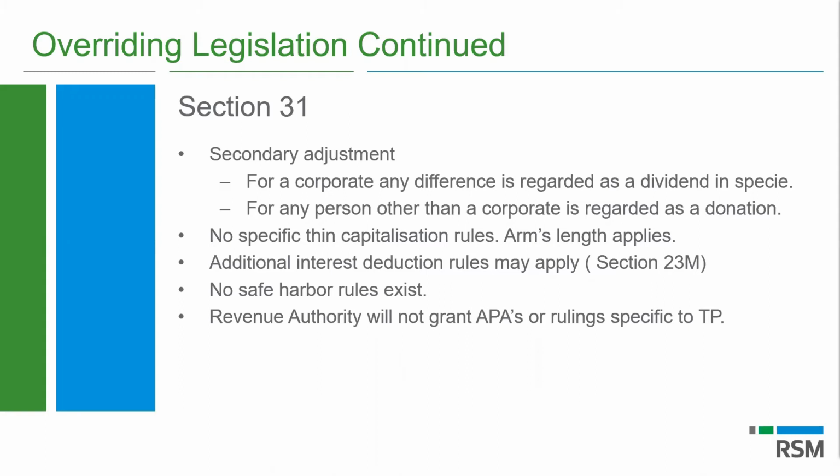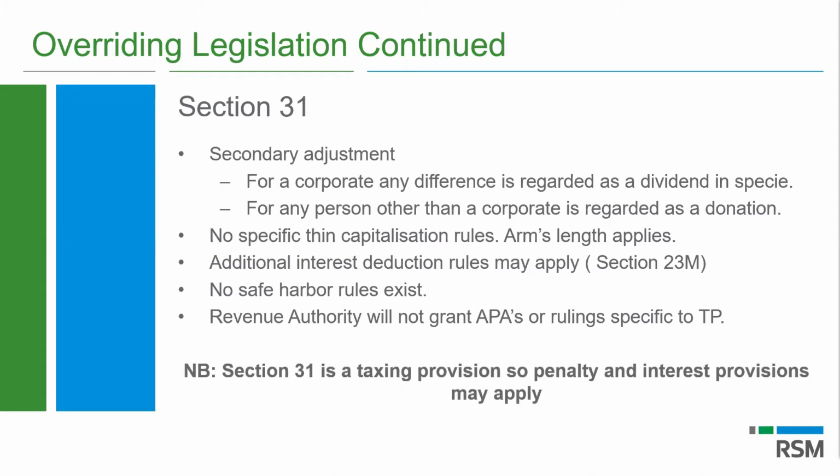And then we currently have no safe harbor rules, and the Revenue Authority will not grant advanced pricing agreements, and they will not grant rulings specific to transfer pricing, which makes the environment somewhat difficult in terms of that onus resting on the taxpayer.